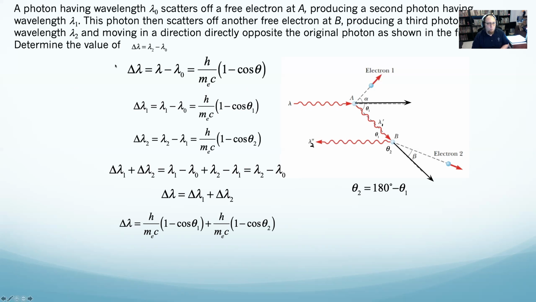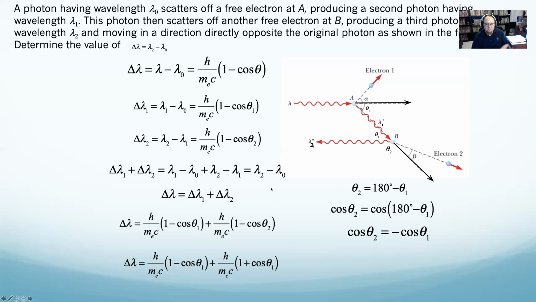So the cosine of theta 2 is equal to the cosine of 180 minus theta 1. But the cosine of 180 minus x is negative cosine of x. If you didn't know that fact, there's a trig identity for it. So my equation on the left here becomes as follows.